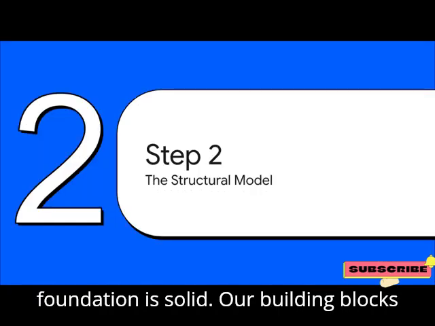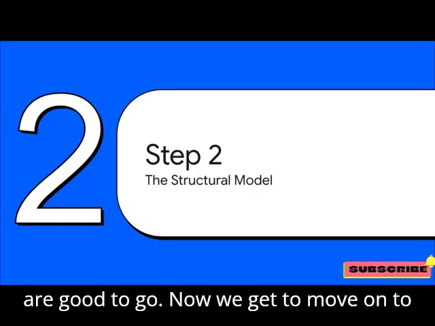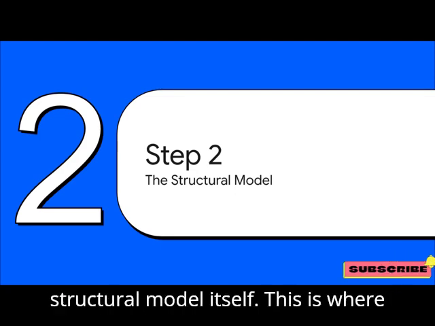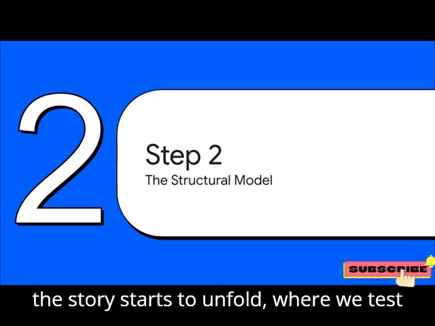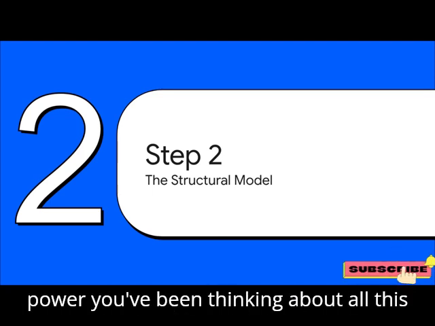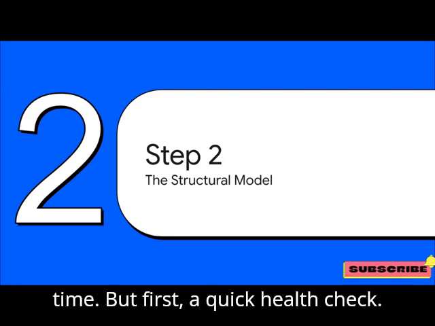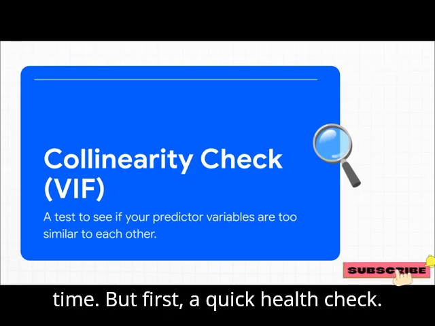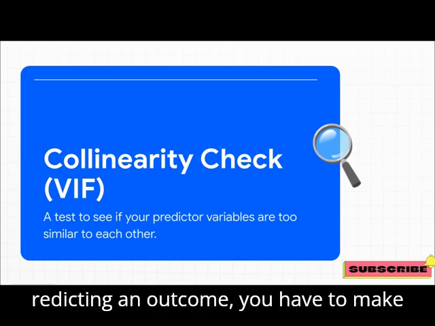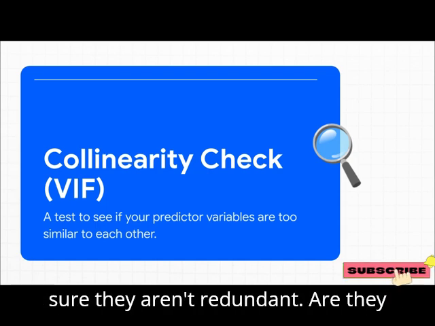All right, the foundation is solid. Our building blocks are good to go. Now, we get to move on to the really fun part, evaluating the structural model itself. This is where the story starts to unfold, where we test the relationships and the predictive power you've been thinking about all this time. But first, a quick health check. When you have a few different things predicting an outcome, you have to make sure they aren't redundant.